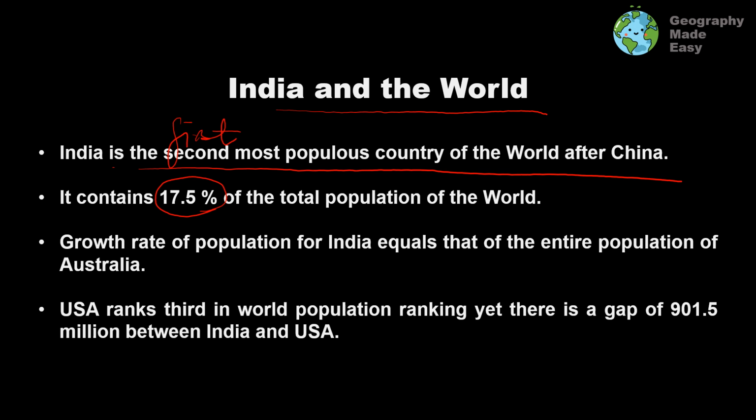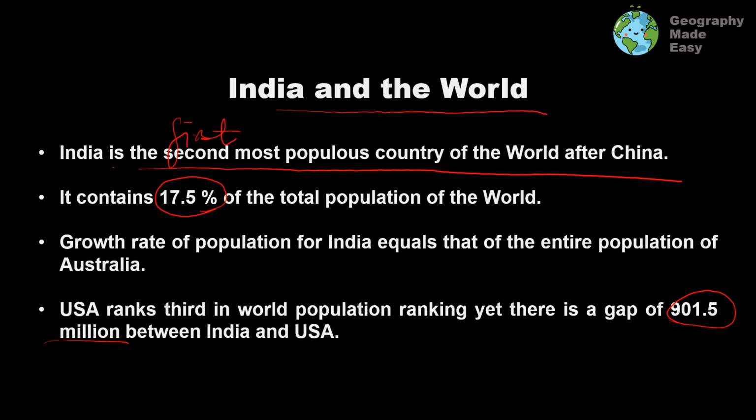USA is ranking third after India. However, though USA's population is high and it ranks just after India, the gap between India and USA in the total number of population is huge, at 901.5 million persons.